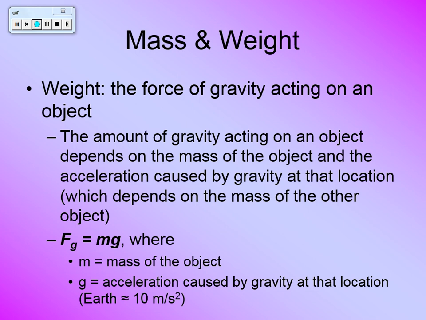The acceleration of gravity. So if we want to calculate the weight of something here on Earth, we take the mass of that object and multiply it by what number? 10 or 9.8. Because that is the acceleration caused by gravity here on Earth.